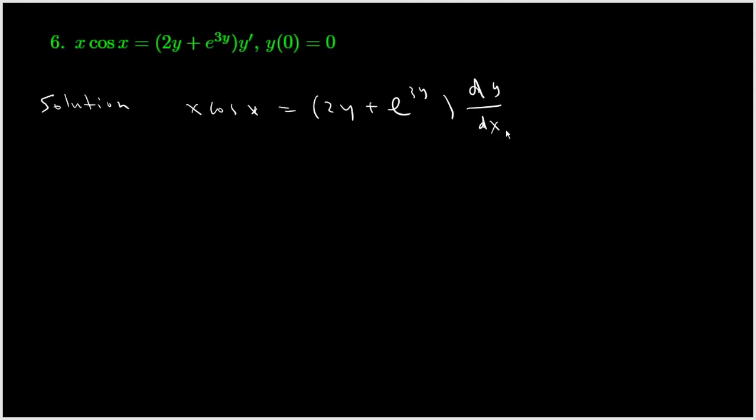On the left hand side, I want to include everything x, which is x times cos of x dx. Now the right hand side is 2y plus e to the power of 3y in brackets dy. I still see the brackets as essential, although many people do not use them.